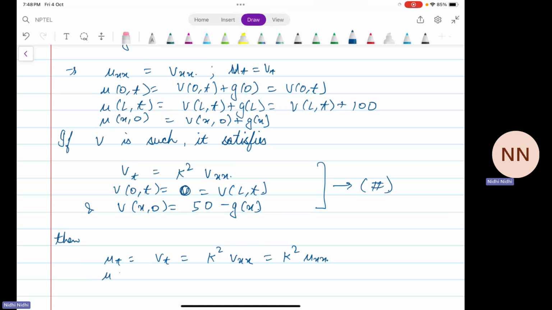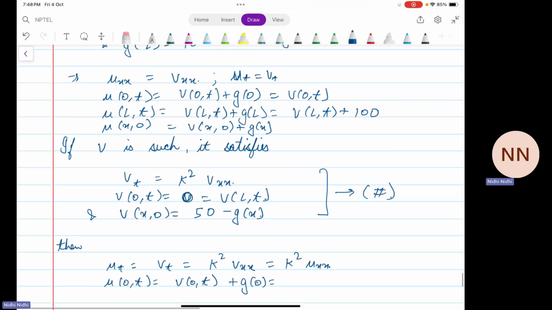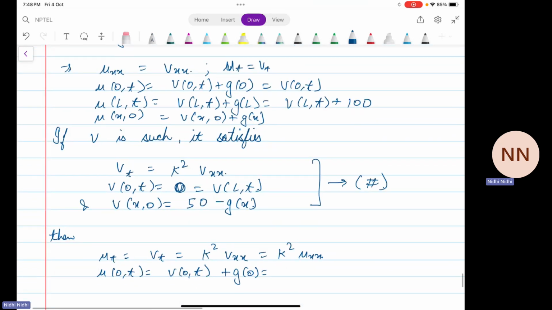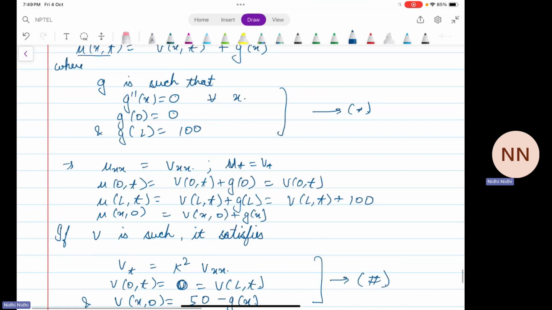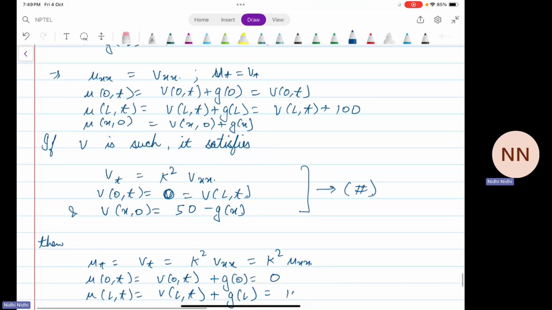Then we have u(0,t) equal to v(0,t) plus g(0). By hash v(0,t) is 0 and by star g(0) is 0, so this is 0. u(L,t) is equal to v(L,t) plus g(L). By hash v(L,t) is 0 and by star g(L) is 100, so this is equal to 100.